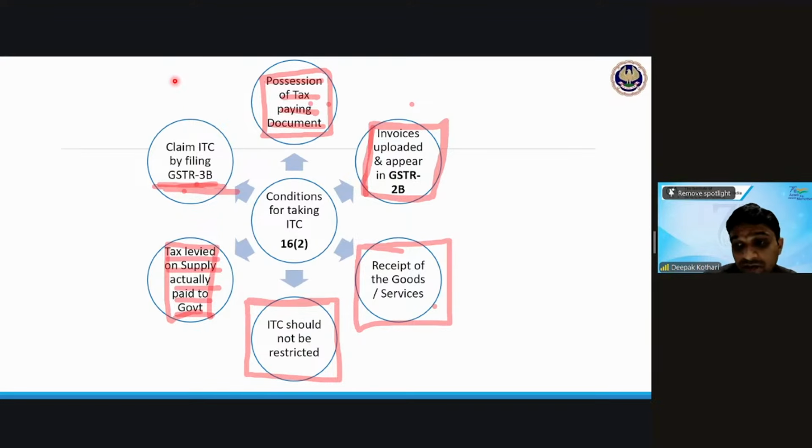I've just filed one return because today is the 20th, the due date for filing the GSTR3B return. I have filed a return and I will show you how I have claimed it in the GSTR3B return.